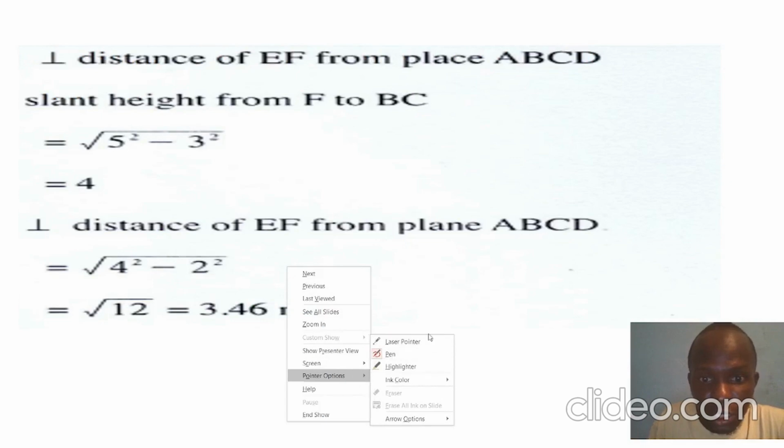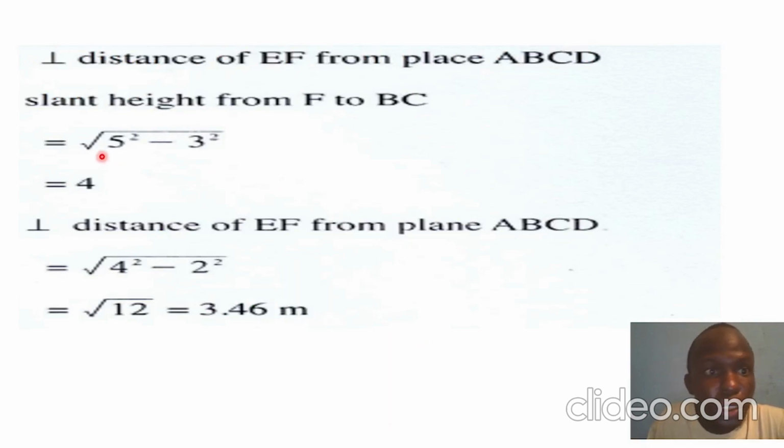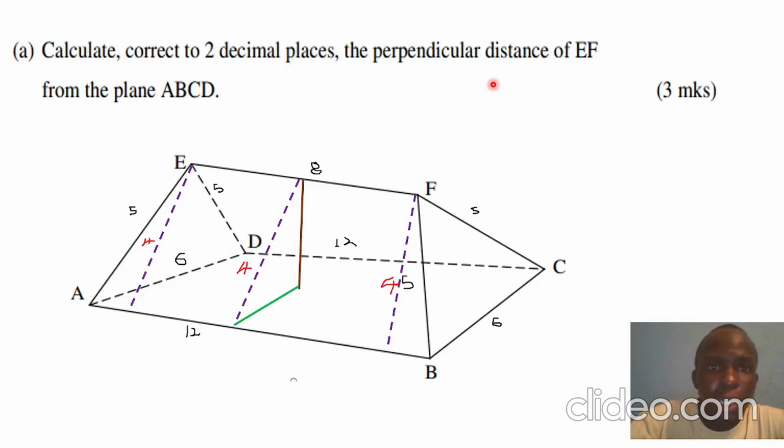Like I have said, we have to get that slant height, the distance of EF from plane ABCD. So that distance, the slant height, is 4 centimeters.